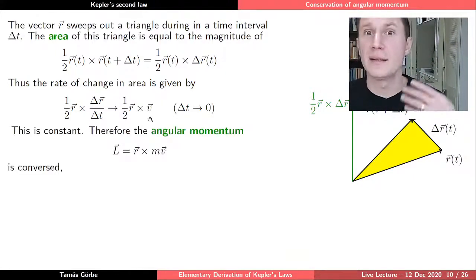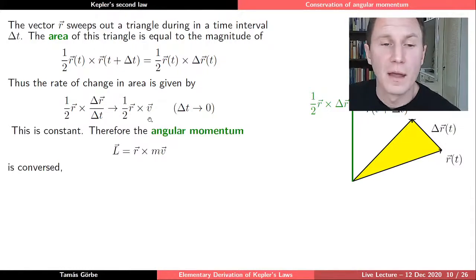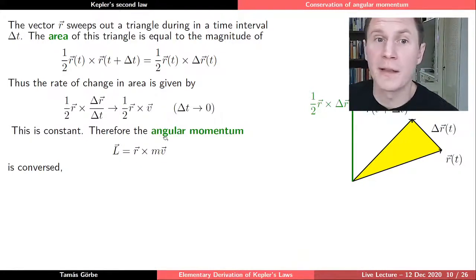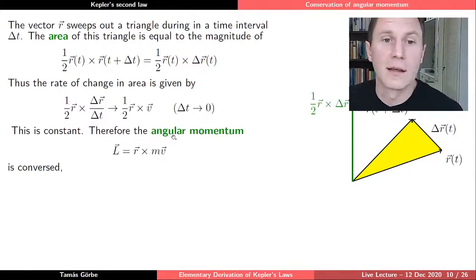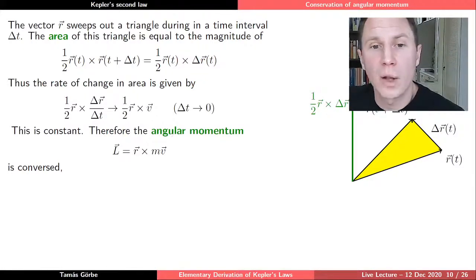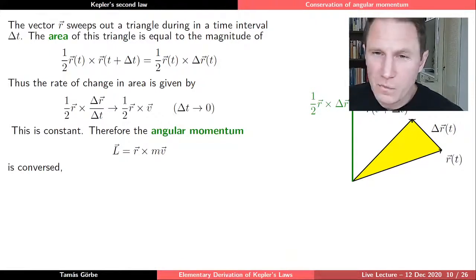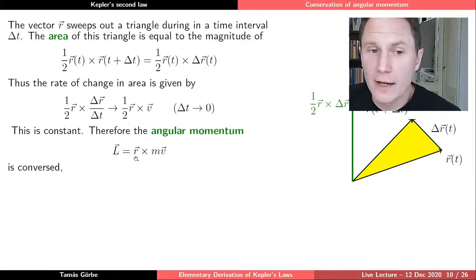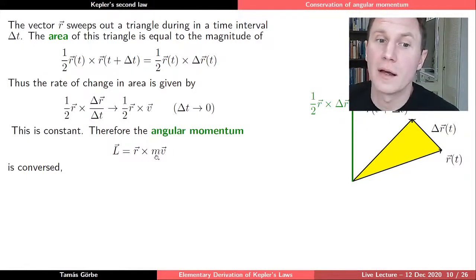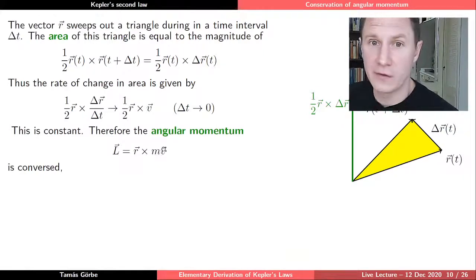And in fact, we've seen that this is something that's constant, and this cross product of the position vector and velocity vector is very similar to something called the angular momentum. If you have heard in physics, we have this physical quantity called the angular momentum, which is this vector capital L that is given by the cross product of the position vector and the mass times the velocity vector.